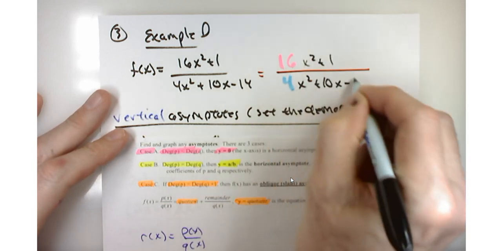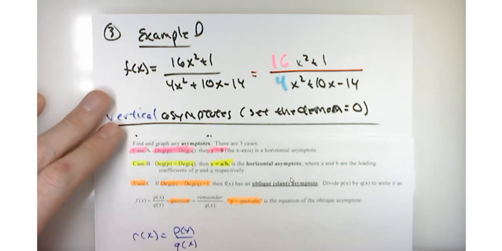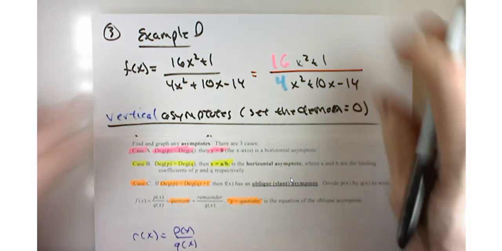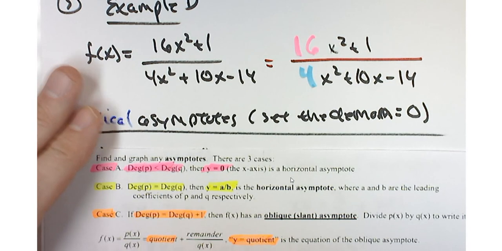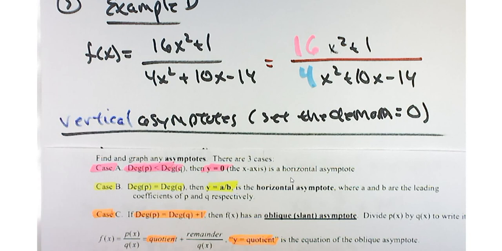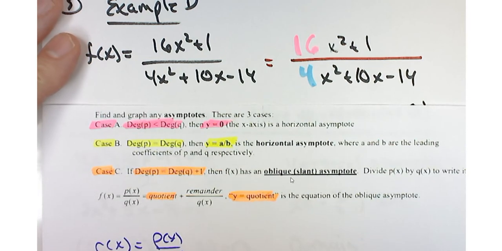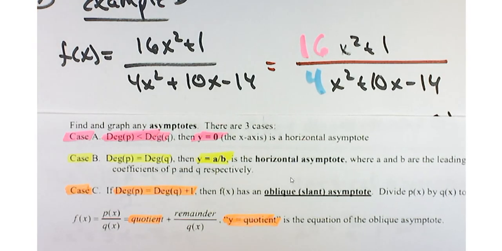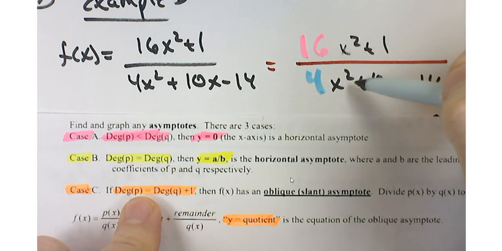So what you want to do to decide which case you're dealing with is look at the degrees and see, do they match? Is one less than the other? If so, is the numerator less or is the denominator less? Let's vote all together with our voice. Which case is it? A, B, or C? B, good. So we have degree 2 and degree 2.